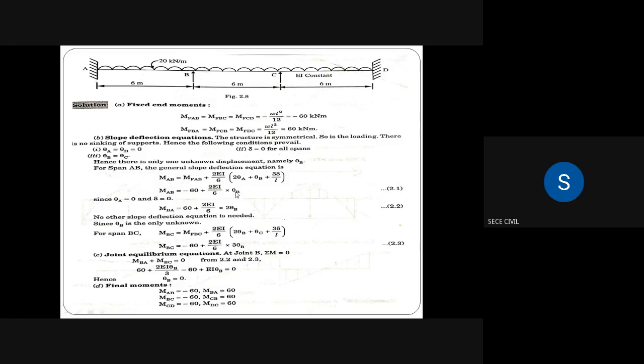So we have equation number one, named 2.1. Similarly, MBA equal to MFBA plus 2EI by L into 2 theta B plus theta A plus 3 delta by L. So MFBA is plus 60 plus 2EI by 6 into 2 theta B. So we get equation number 2.